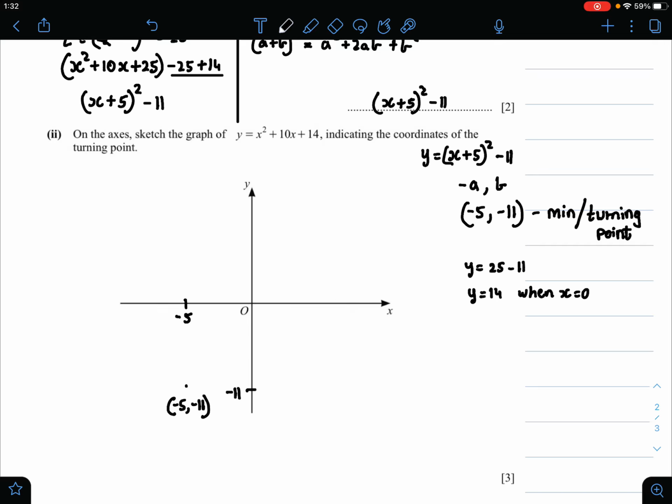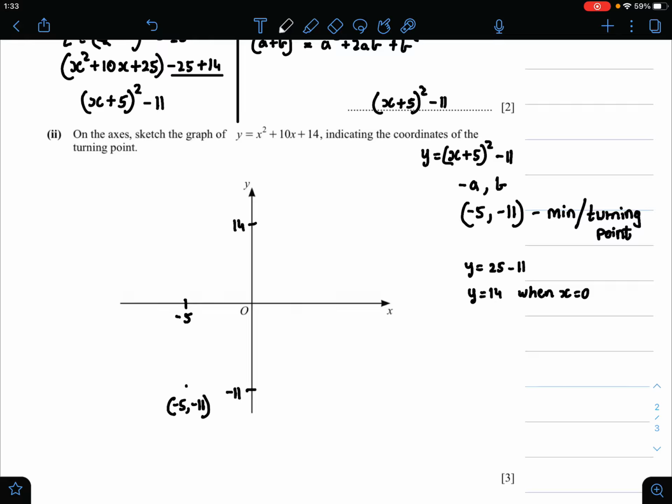So let's take that as here. Okay, and to find your x-intercepts, you will get two intercepts, obviously, because it's a quadratic equation.